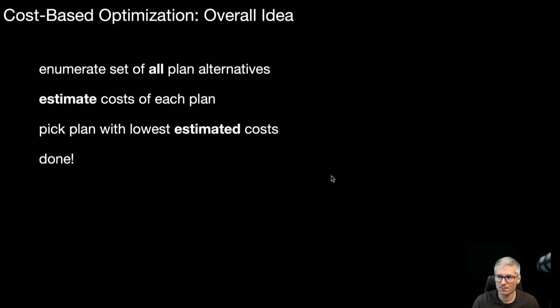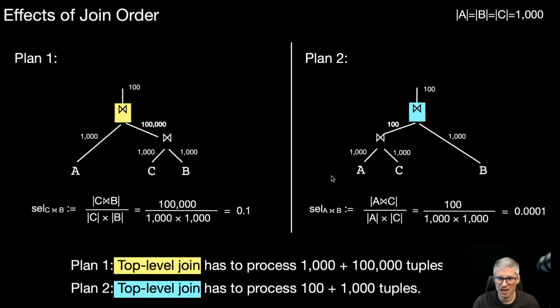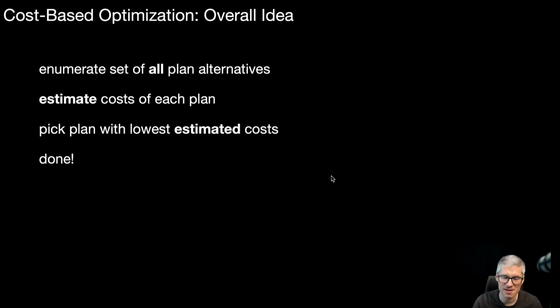So what can we do with something like that? We have to make a decision automatically. How do we do that? We do that in the cost-based optimizer. The idea of this approach, that's a family of approaches, is you enumerate the set of all plan alternatives, or if all is not possible, a huge set of plan alternatives. You estimate the costs for each of those plans.